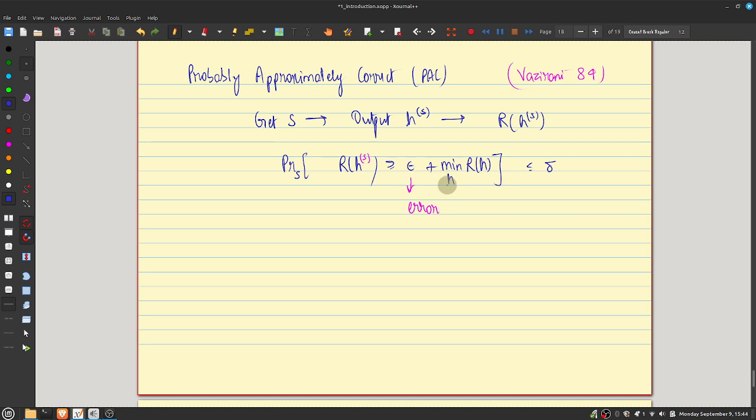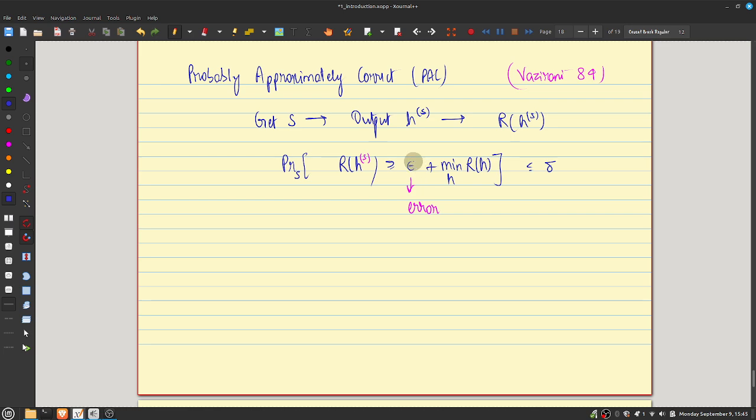This is a genie who doesn't see the training sample but actually knows the hypothesis class, knows the underlying distribution, right? That would achieve this risk. What you're saying is that an algorithm is good if it achieves within an epsilon of what the genie can achieve.